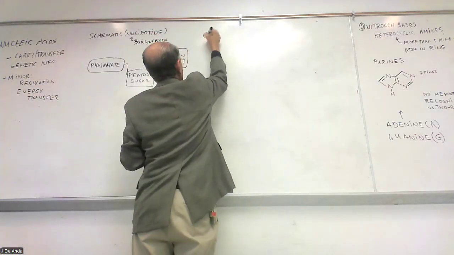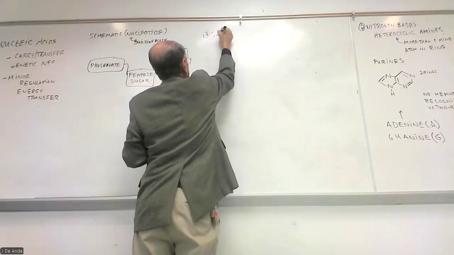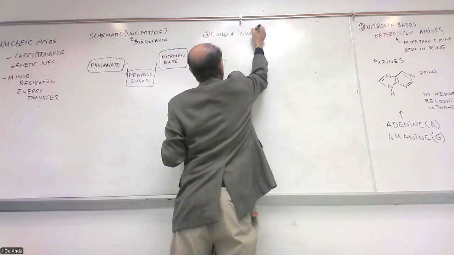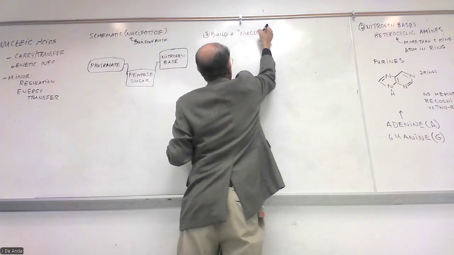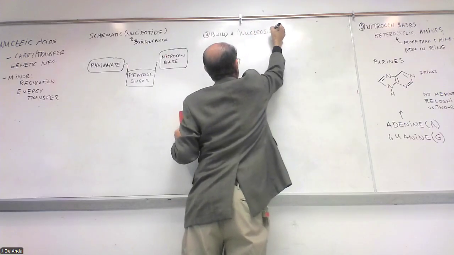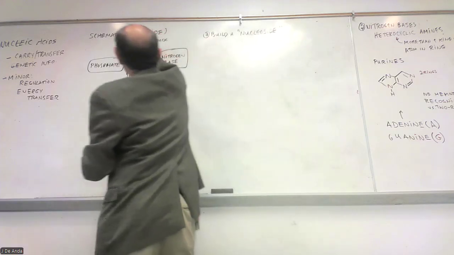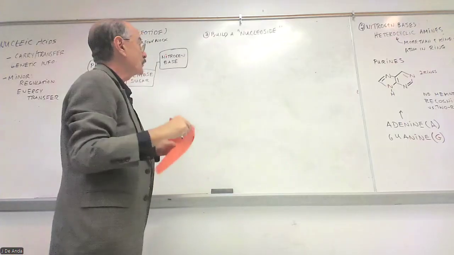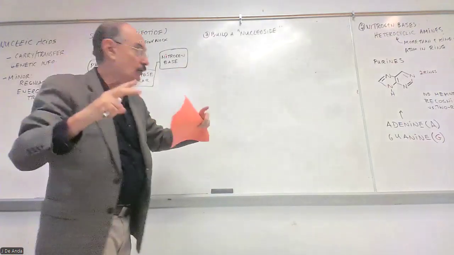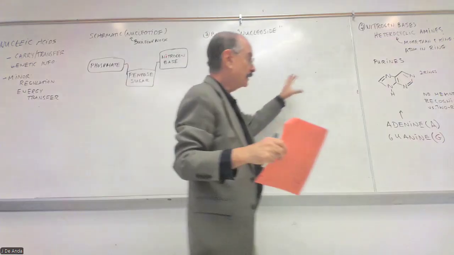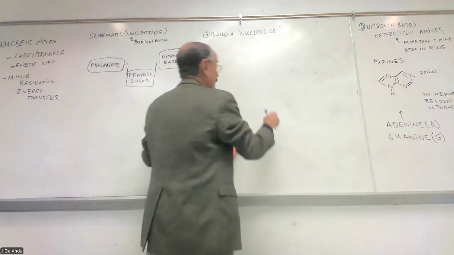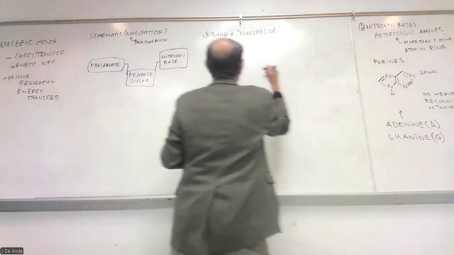This is number 3. Let's build what we call a nucleoside. Okay, we're not at the nucleotide level here. This is a nucleoside. So what you're going to have is your pentose sugar with an N-glycosidic bond to a nitrogen on the base. So I'm going to try to do one with this guy here.